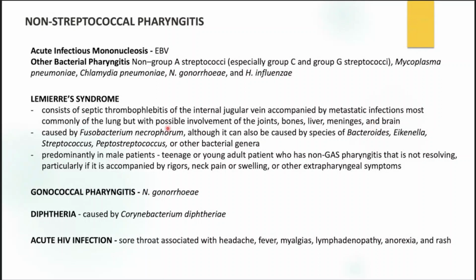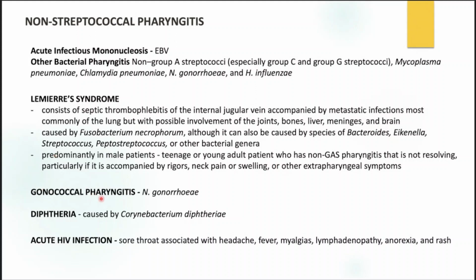It is caused by Fusobacterium necrophorum, but it can also be secondary to Bacteroides, Eikenella, Streptococcus, or other bacterial etiologies. It is more common in male teenage or young adult patients who have a non-group A Streptococcus pharyngitis that is not resolving, particularly accompanied by rigors, neck pain or swelling, and other extrapharyngeal symptoms.